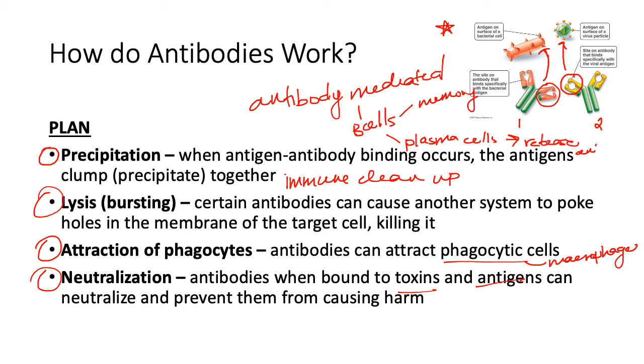So they release a ton of antibodies throughout the body. Those antibodies then travel through our blood, and they can attack their antigen through any one of these four options. They can precipitate, they can cause lysis, they can attract phagocytes, or they can neutralize. So different antibodies are going to do one of these jobs. So that's the antibody-mediated response.